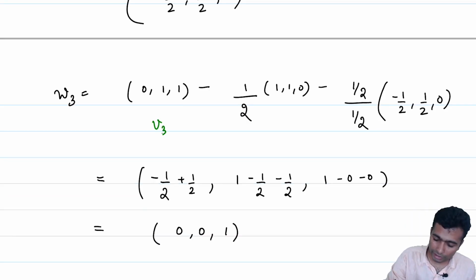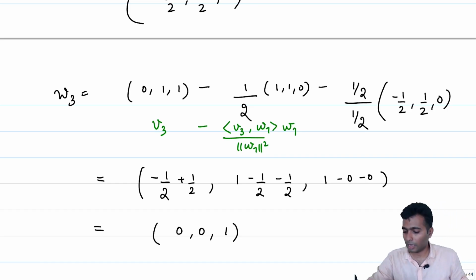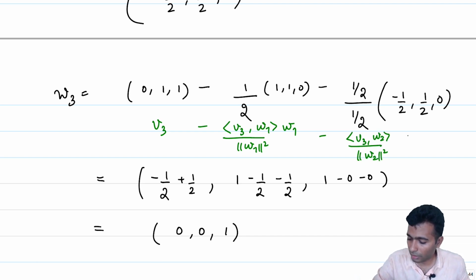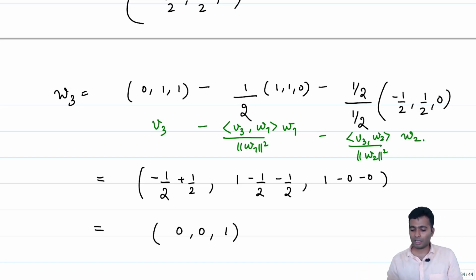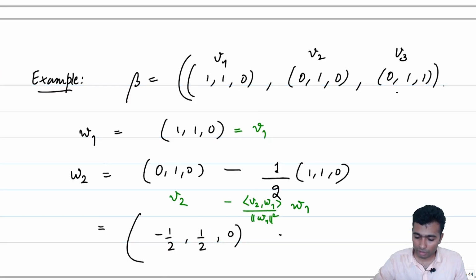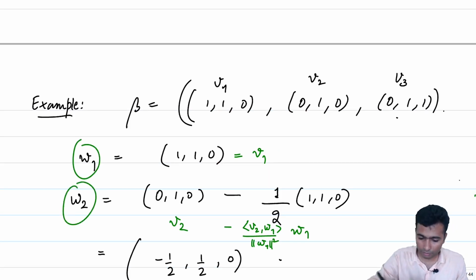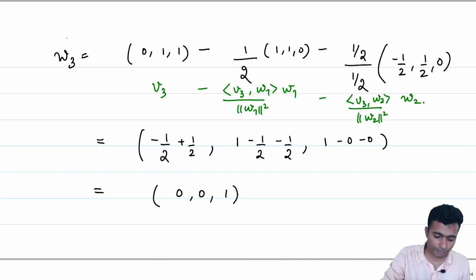This is our V3 minus the inner product of V3 with W1 by W1 squared times W1, and this one is the inner product of V3 with W2 by the length of W2 squared times W2. And the calculations were done and we now have an orthogonal set of vectors.